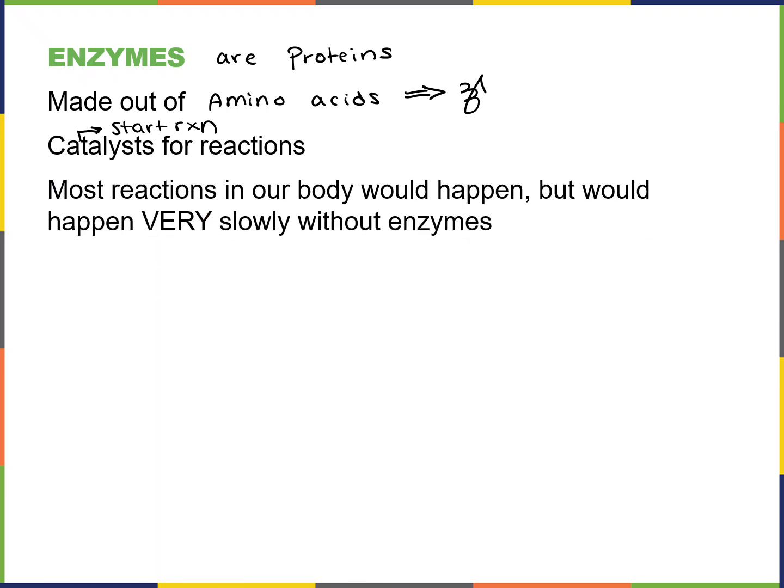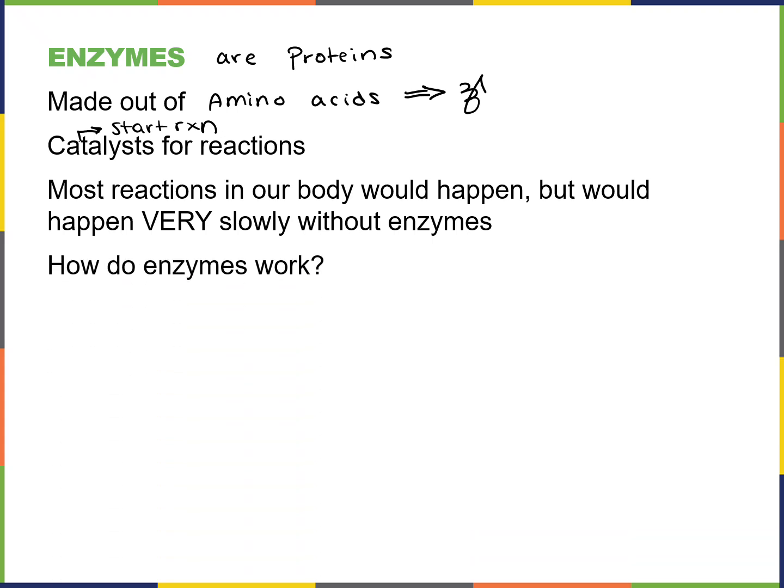Okay? Without enzymes, the things that our body needs to do would still happen, but they would take forever. It would take so long for anything to happen. Any of the ATP production, any of the glycolysis that we're going to talk about pretty soon here, all of that would take so long without enzymes.